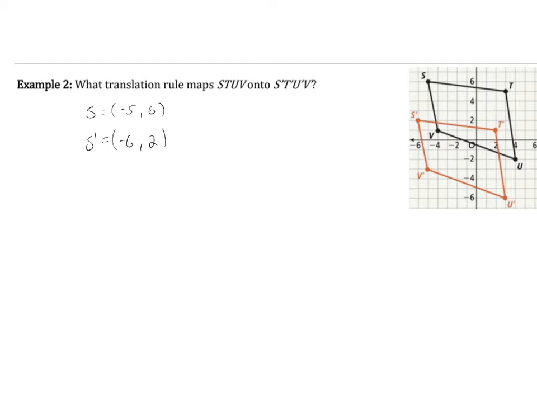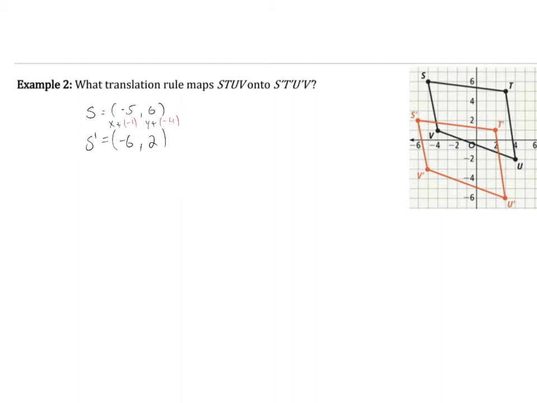So x plus what and y plus what gives us these things, right? So -5 plus what gives you -6, so -1. And then 6 plus what gives you 2, -4, right?